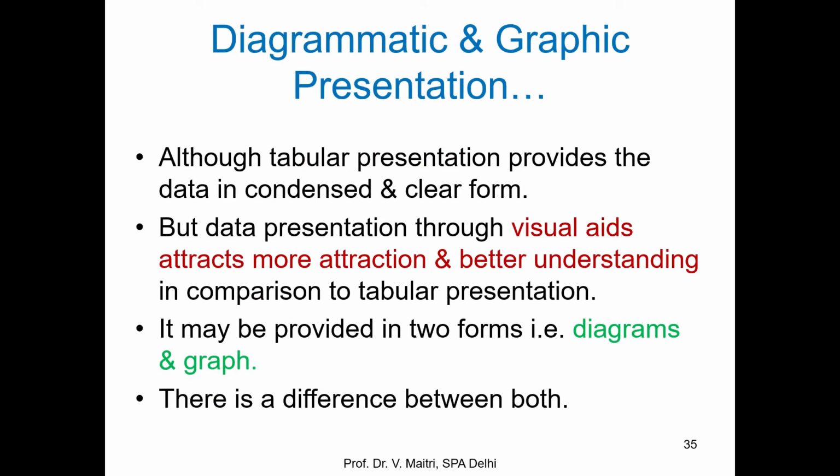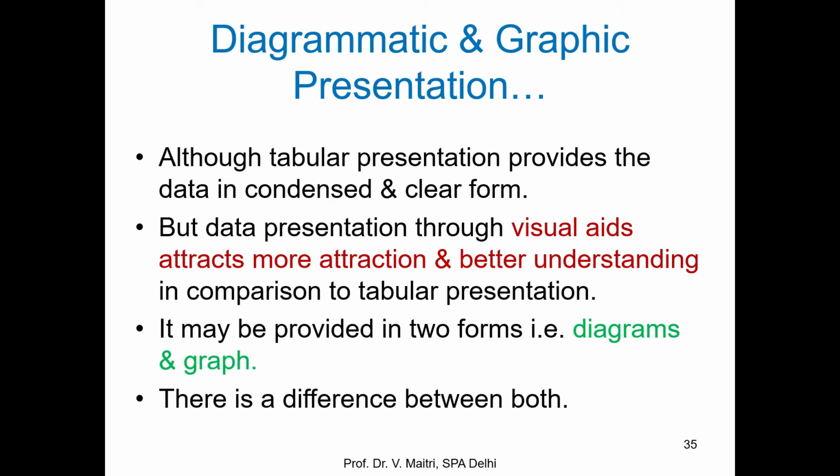Next come to diagrammatic and graphical presentation. You know that although tabular presentation provides the data in condensed and clear form, everybody knows that if the data is presented in the form of a diagram, in the form of a picture, then attention will be there immediately.